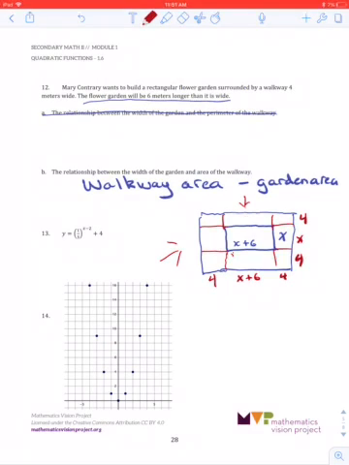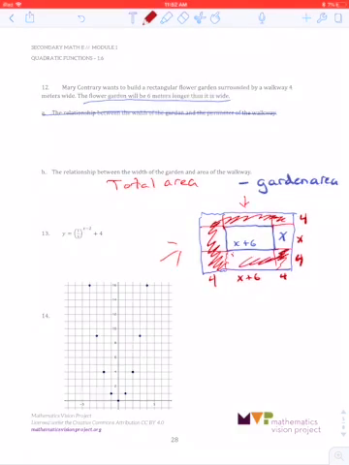So if we're doing the walkway area, we could think of this as total area, take away garden area, which is going to leave us just with the walkway. So let's get the area of the whole thing first.